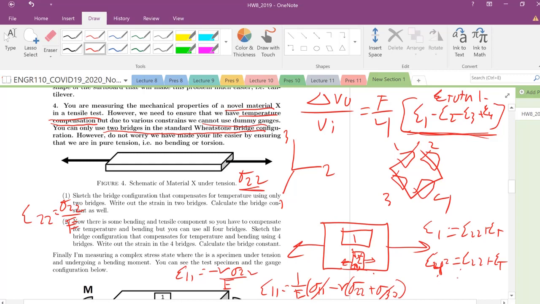So our strain in the 2 strain gauge is equal to just the strain in 1 plus E sub t, or you could rewrite it as the strain in 2 is equal to minus the strain in 2 direction plus E sub t. And there you go.